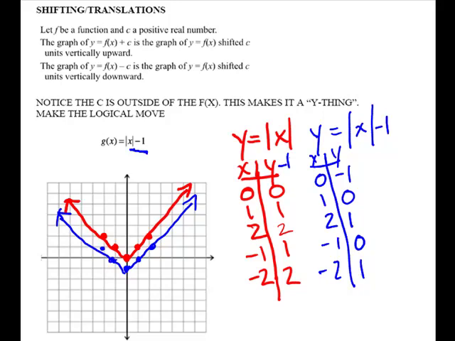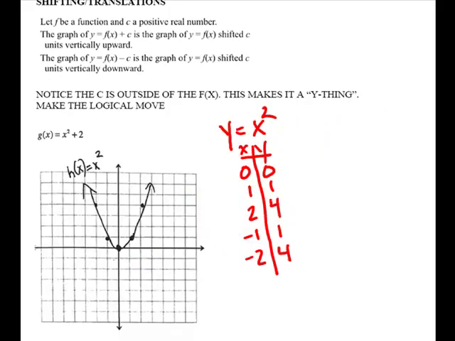That was right on here. Negative 2, 1. So you can do it just by moving the points when it's simple, or you can do it to the table of the graph.